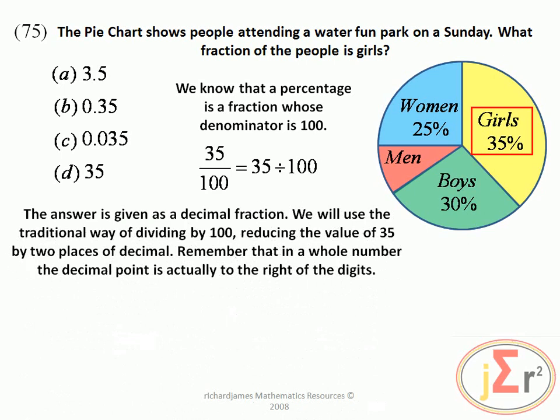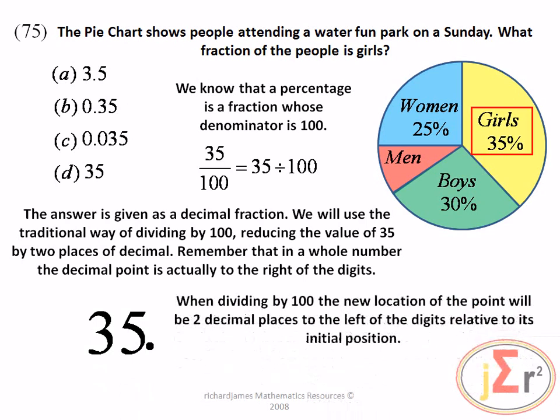We will use the traditional way of dividing by 100, which is reducing the value of 35 by 2 places of decimal. Remember that in a whole number, the decimal point is actually to the right of the digits. When dividing by 100, the new location of the point will be 2 decimal places to the left of the digits relative to its initial position.